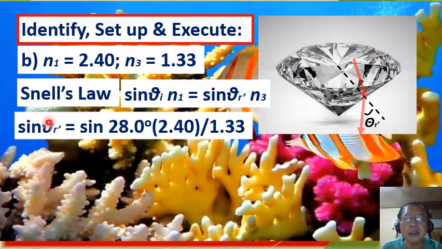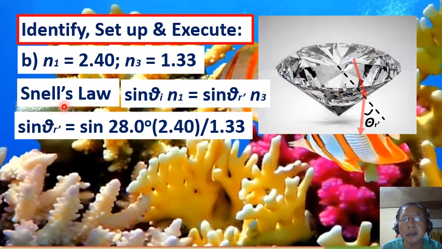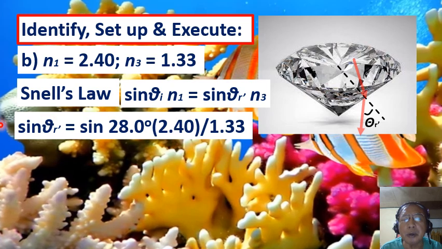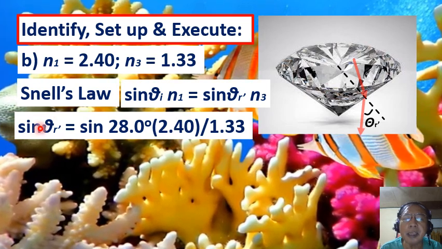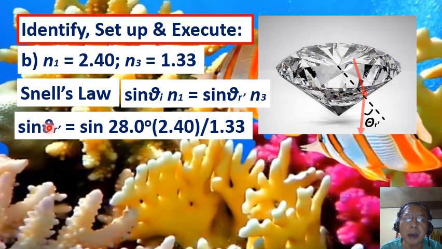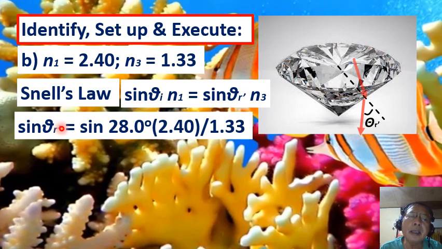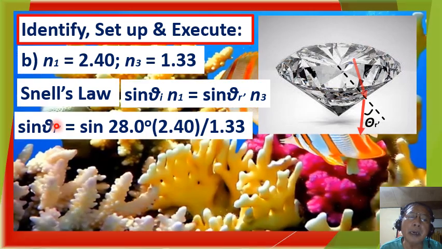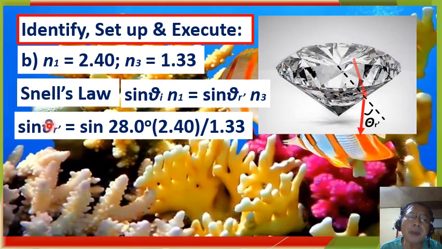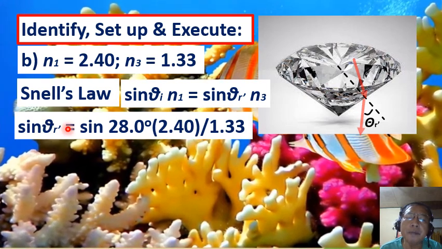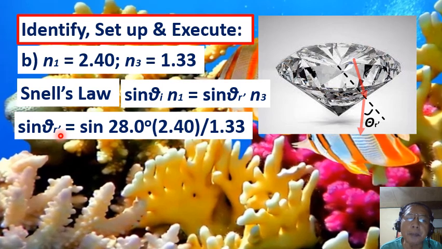So, substituting the quantities and isolating sine of the angle of refraction, theta r prime, that is the symbol for our unknown variable, the angle of refraction.